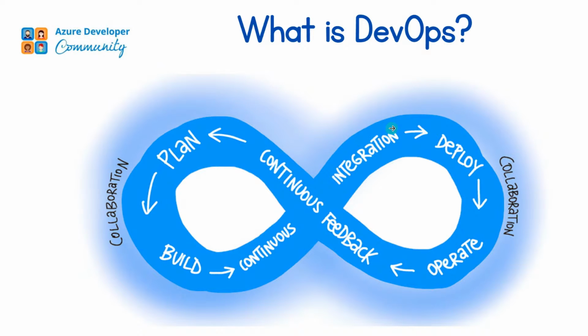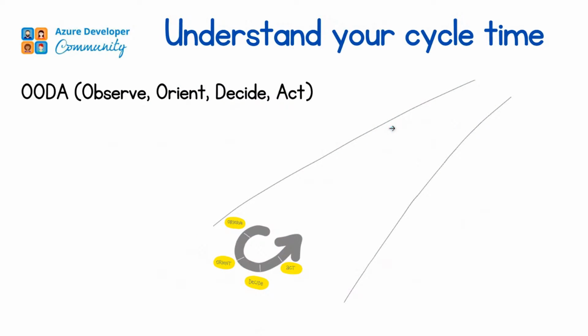So let's understand the OODA cycle as well. What is the OODA cycle? Let's start with the basic assumption about software development. We will describe what the OODA cycle is. The OODA cycle consists of observe, orient, decide, and act, a loop.